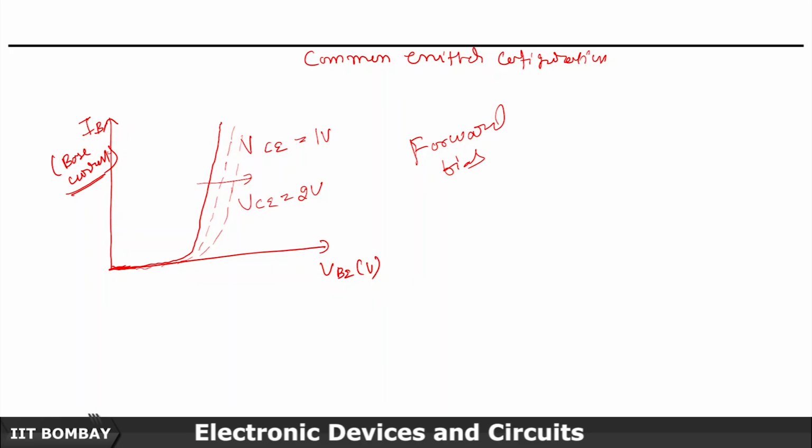So to have the same base current at different VCE, we need higher base to emitter voltage if your voltage VCE is higher. So this is the other way around. If you remember the case of common base, where they were shifting in this direction.